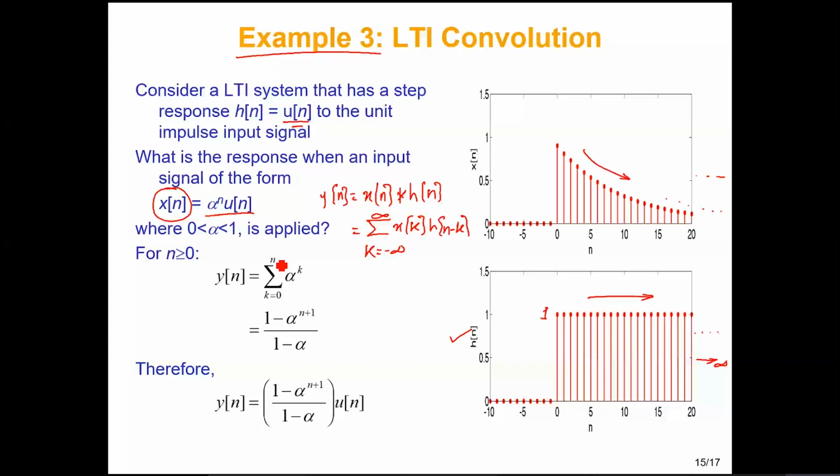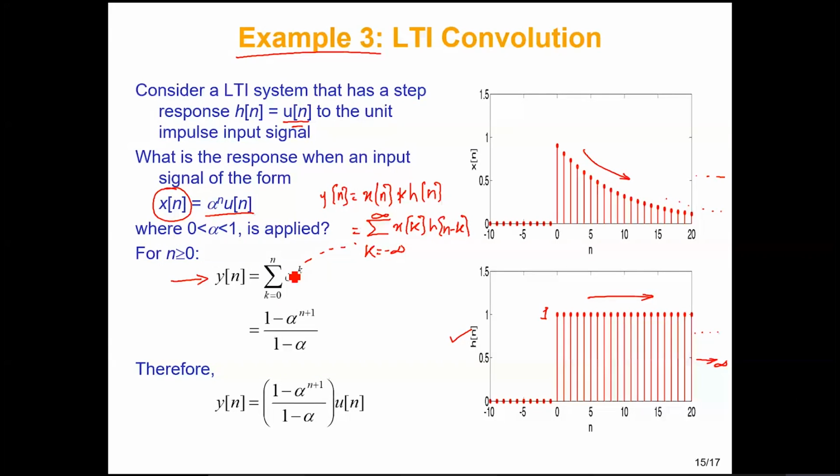So lots of assumptions available right here. But I hope by now you should be comfortable in knowing how we actually reached from all these steps all the way to here, just by plugging in values for h of n and x of n. So this is summation k equal to 0 to n alpha raised to power of k.